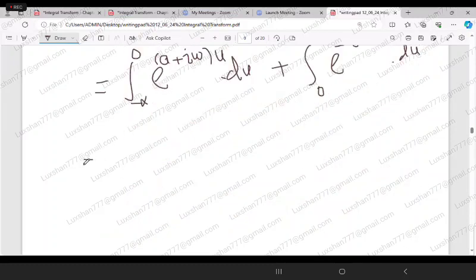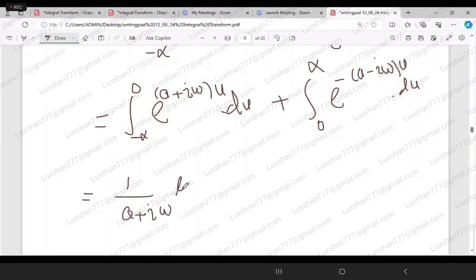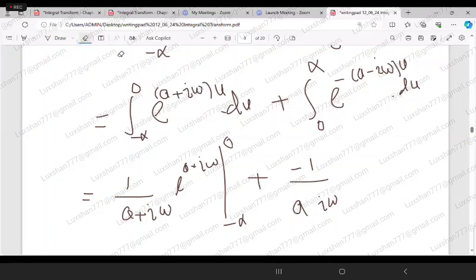Now if I integrate this one, I will get 1 over a plus i omega into e to the power a plus i omega u, from minus infinity to 0, plus this one is minus 1 over a minus i omega into e to the power minus a minus i omega u.